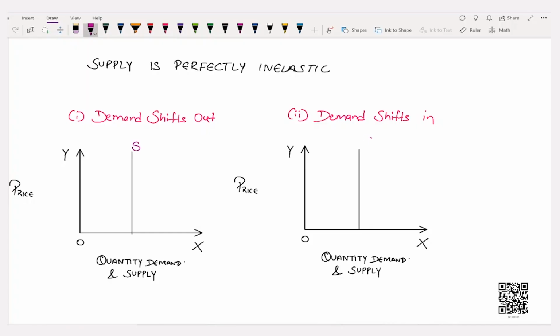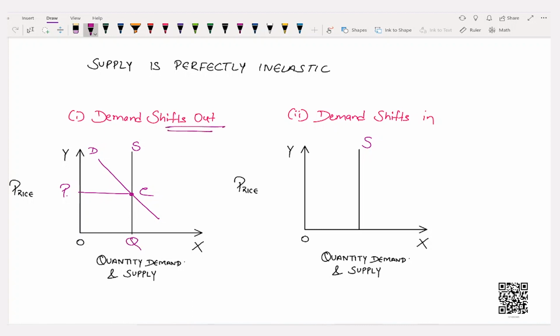Moving ahead, we have supply being perfectly elastic and demand shifting out or demand shifting in. So if we have a demand curve, a downward sloping demand curve because of the application of the law of demand, this intersects the supply curve at point E, which is the equilibrium point. At this point, we have the equilibrium price as OP and equilibrium quantity as OQ.